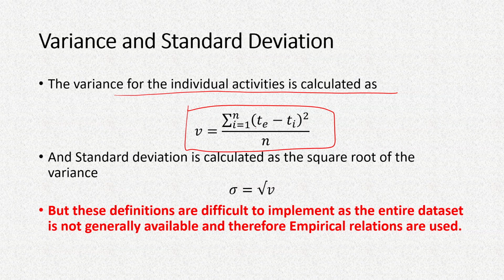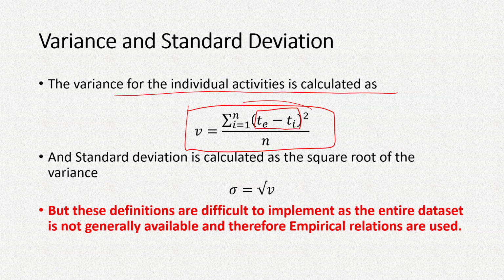So TE minus TI, if TI is an individual sample, then TE is the mean. So how different a given random sample is from the mean will give us the error or the deviation. That is squared because we don't want to cancel out positive and negative, we only want the magnitude of the difference.